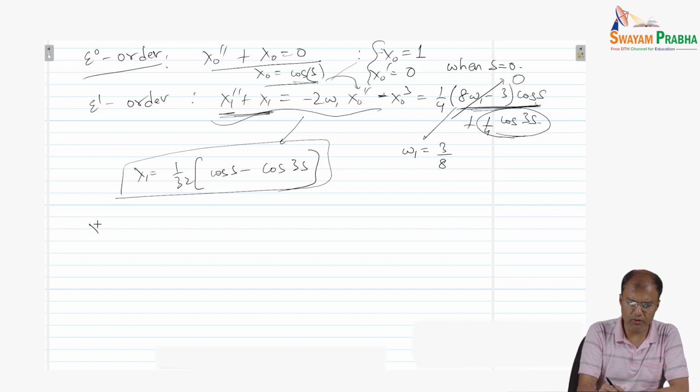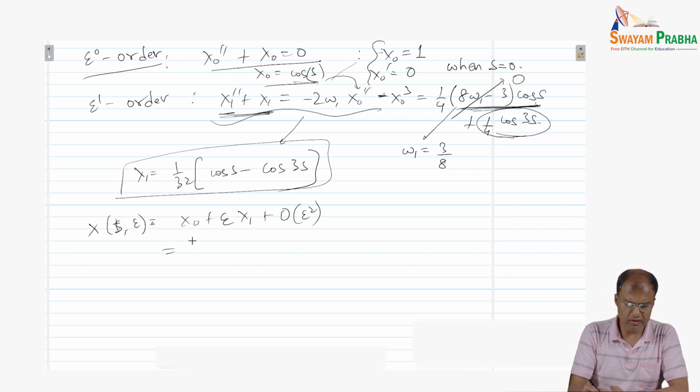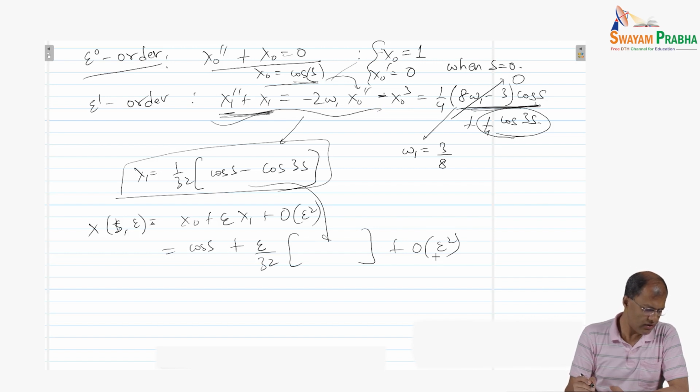So we can write my solution x of s comma epsilon to be x naught plus epsilon x1 plus order epsilon squared. I am not writing the higher order terms. So this is x naught is cos s plus epsilon by 32 times this quantity here plus order epsilon squared, right?